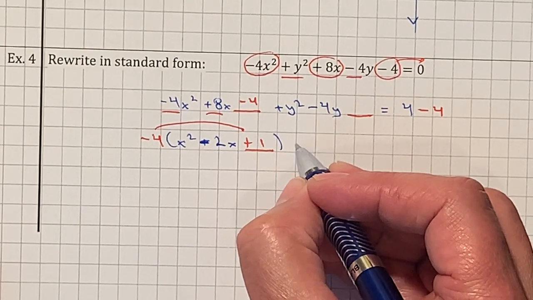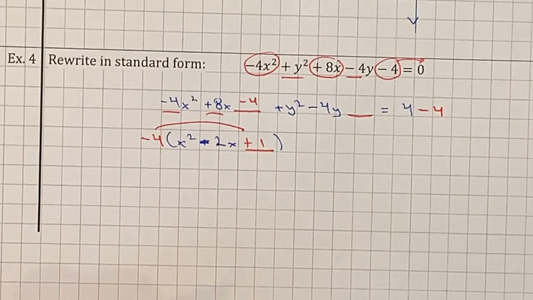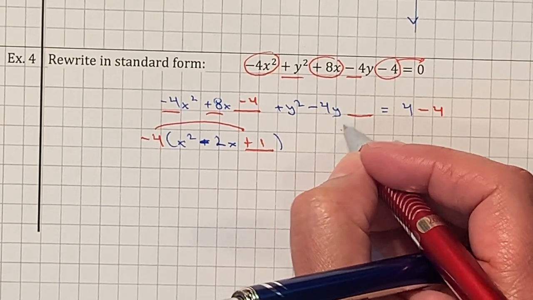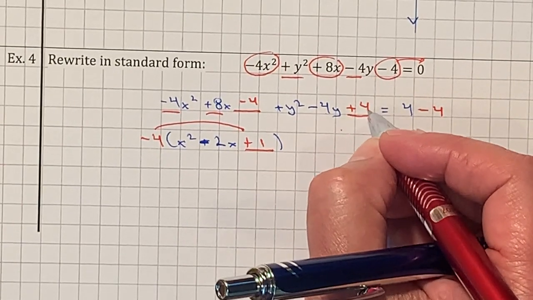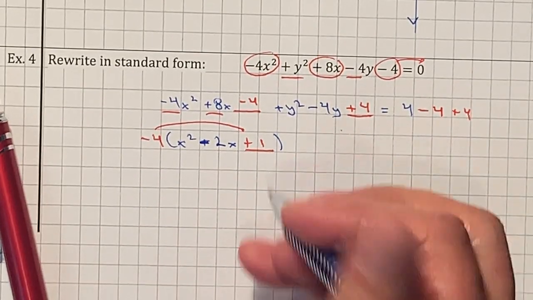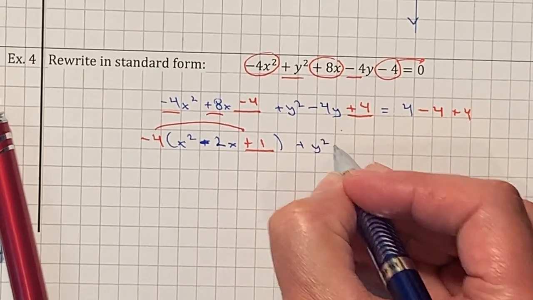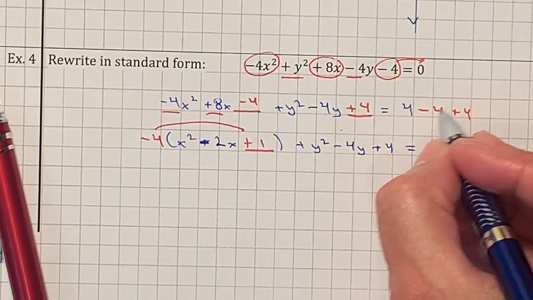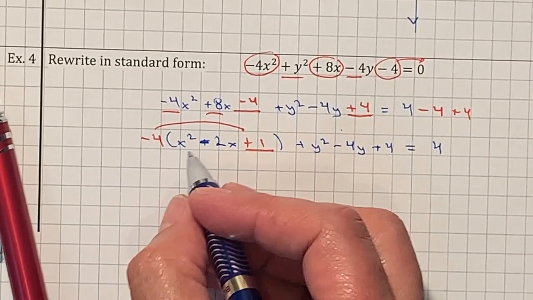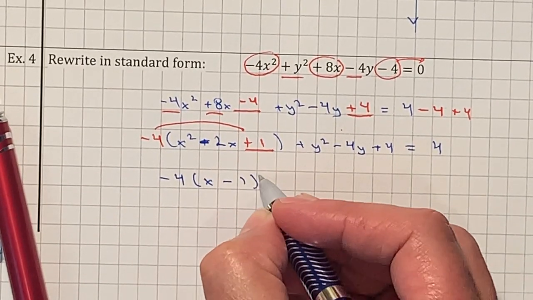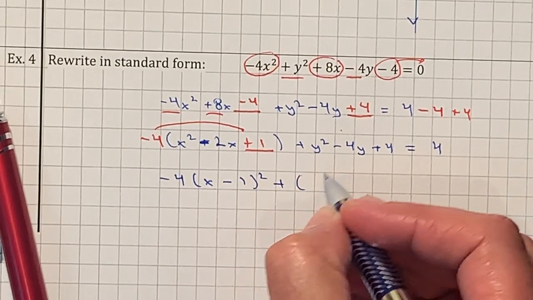In here, I don't need to factor anything out. So therefore, I can just complete the square. Half of negative 4 is negative 2. Squared gives me positive 4. And I added 4, so I need to add 4. That's 0, that's 4. I'm going to factor this out, so it gives me negative 4 times x minus 1 squared.